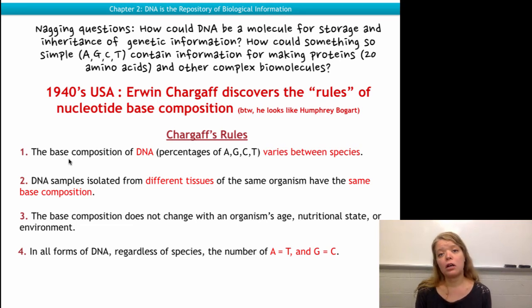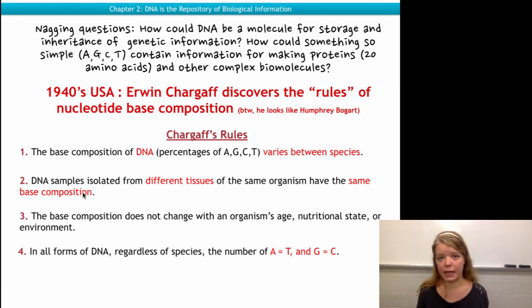Also, he was able to observe that when DNA samples were isolated from different tissues but from the same animal, the base composition was the same. That's again not surprising, every living cell in your body contains exactly the same DNA. DNA is not changed unless there are certain mutational errors during DNA replication.